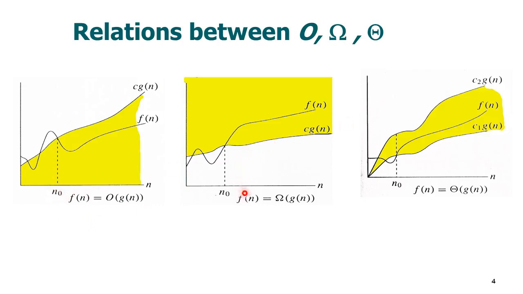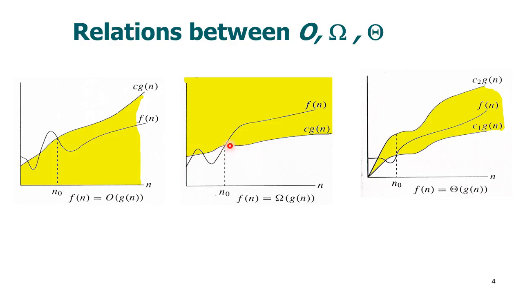Similarly, in big omega notation, it is the lower limit of the function. As you see in the graph, c g(n) lies lower than the f(n) function. Here also there are some ups and downs, maxima and minima of the function, but after n0 it becomes stable.